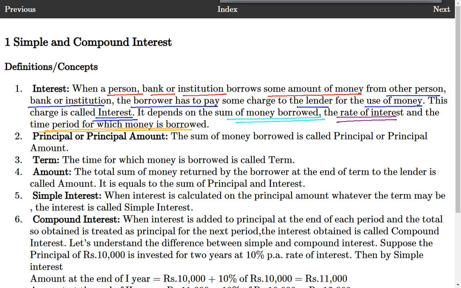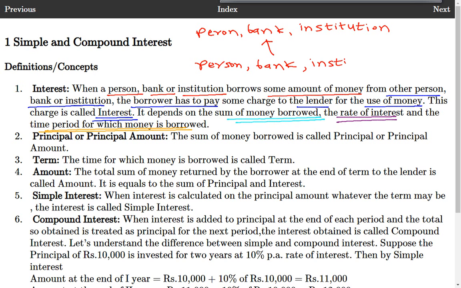So, what is the concept of interest? A person, bank, or some institution takes money from some other person, bank, or institution for a certain period of time.